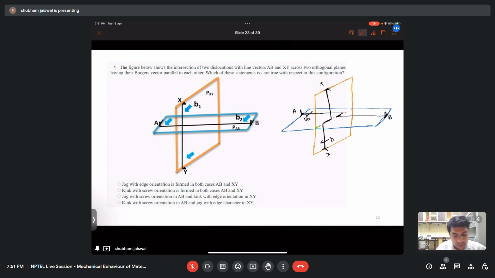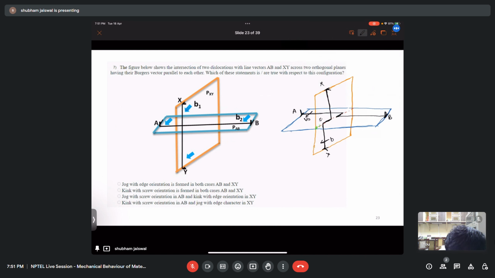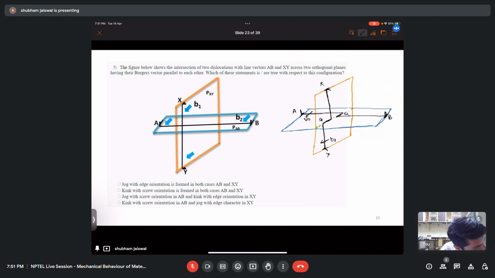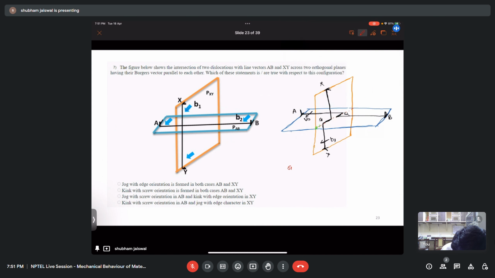Okay, so now if you see here, let me mark it as step 1 and step 2. Okay, if we see the S1, and let's say this is my B1, so we can see that S1 is parallel to B1.